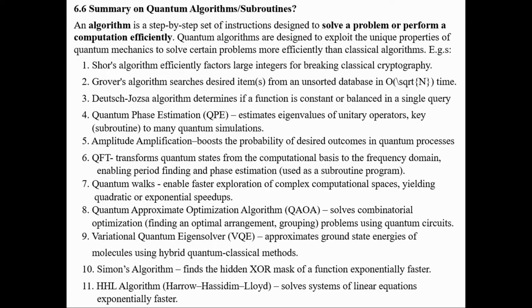So these are the various algorithms which are available with this quantum technology, and each has some advantage. For example, Shor's algorithm efficiently factors large integers for breaking classical cryptography, and so on.